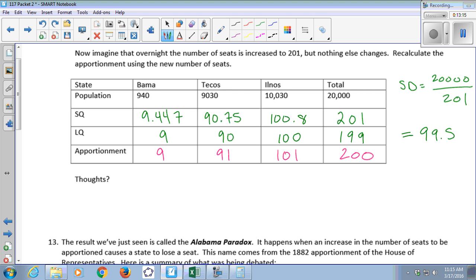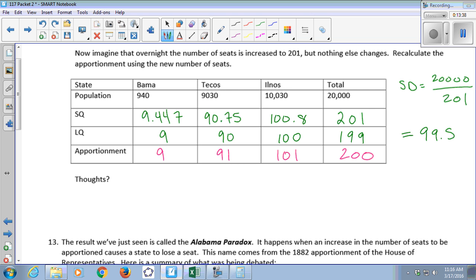All right. Try to put yourself in the shoes of Bama. What are your thoughts here? Yeah, when there were 200 seats to give out, you got 10 seats. Now there's more things to share, right?